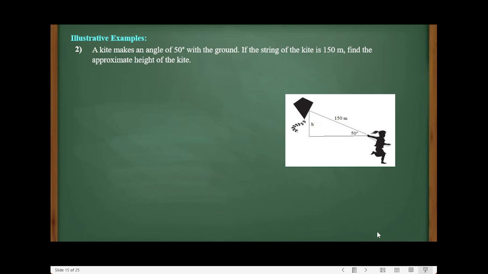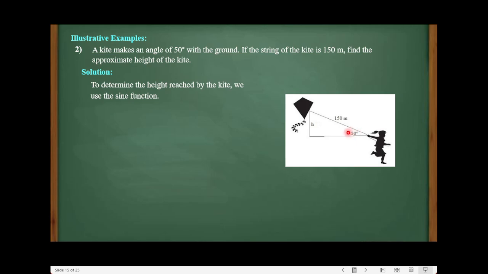So this is a right triangle. Now, what is the appropriate trigonometric function that can be used in order to set up the equation solving for the height or the altitude of the kite? To determine the height reached by the kite, we use the sine function because we have the 50-degree angle.